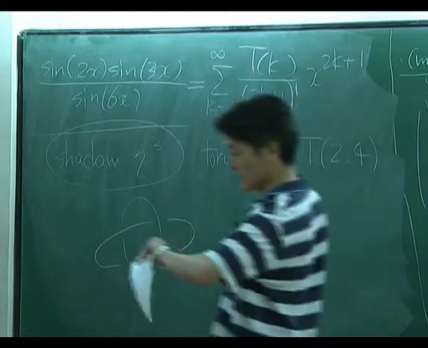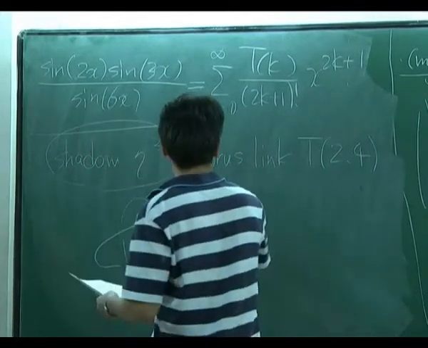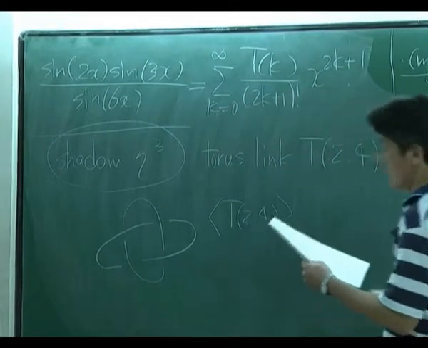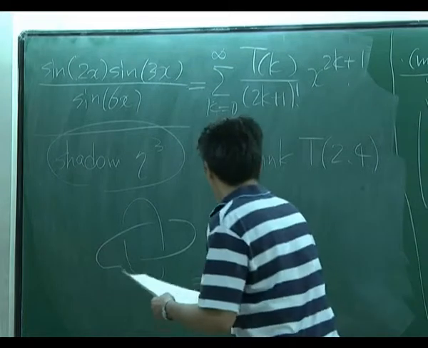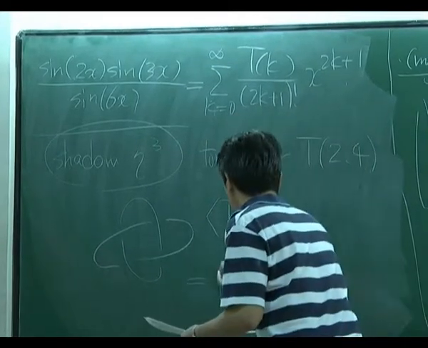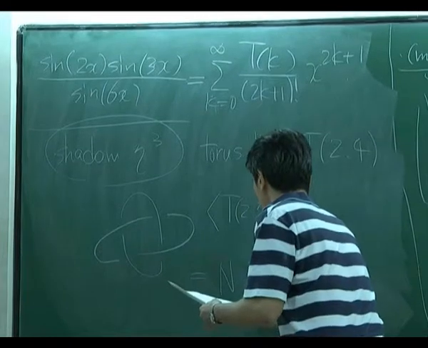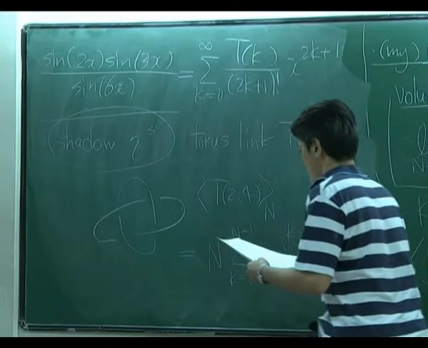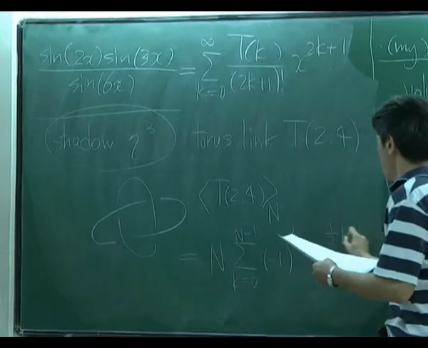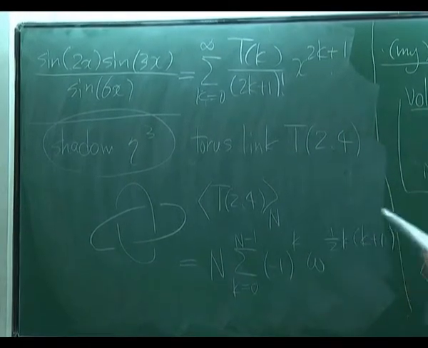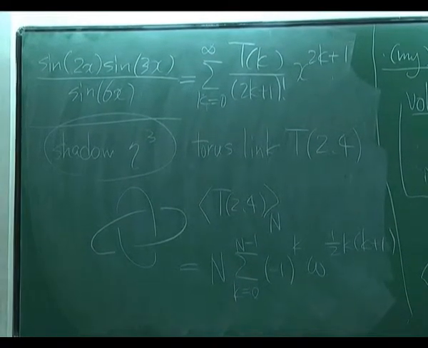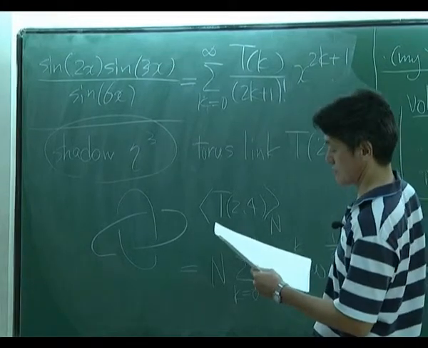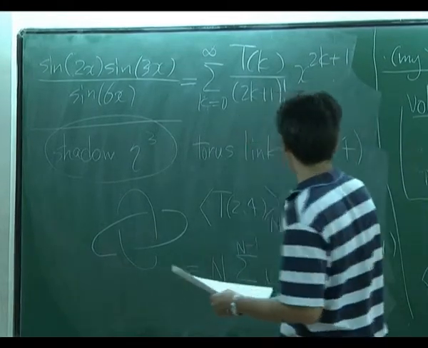And then, in this case, the Kashaev invariant, we omit the colored Jones polynomials, but the Kashaev invariant is just, okay.